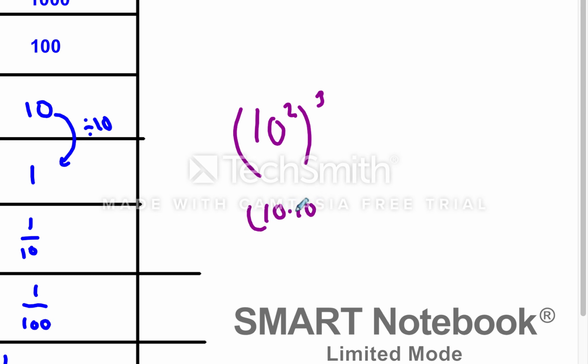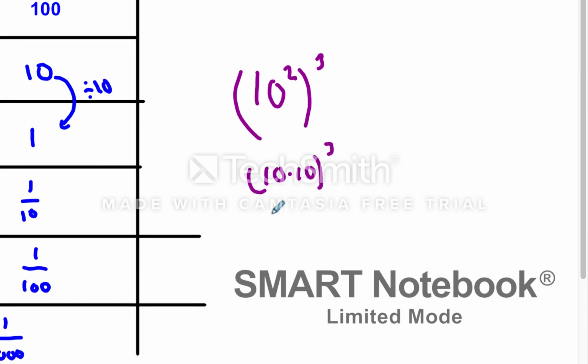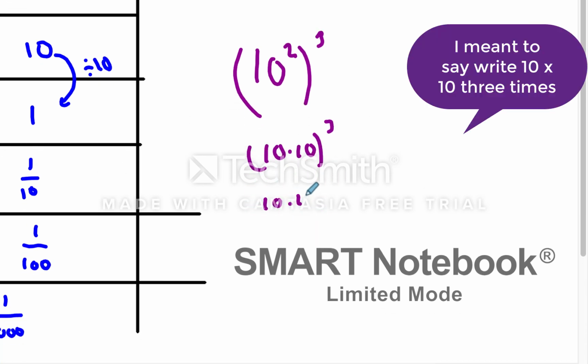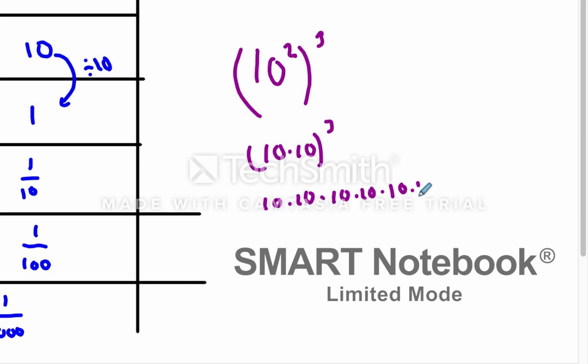It's really saying take that and then show me 3 groups of it. So you'd have to write 10 times 10 six times. So we've got 6 groups of 10s right here. So that'll be 10 to the 6th power.